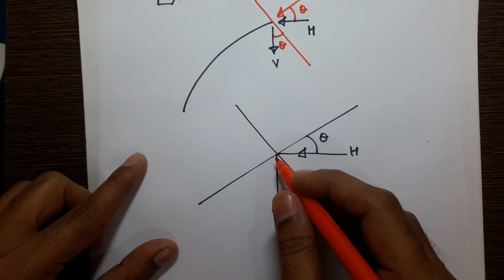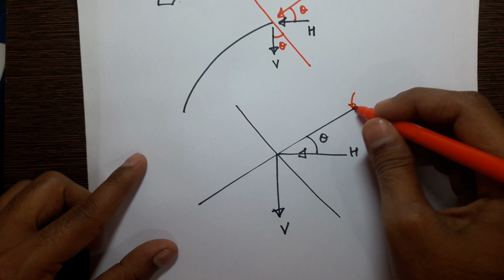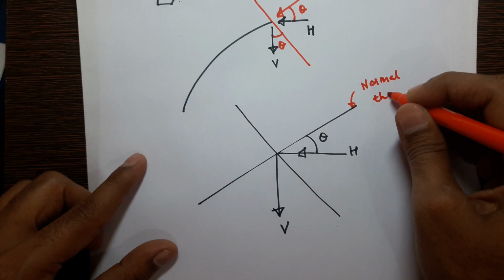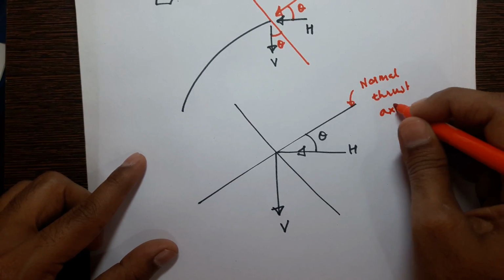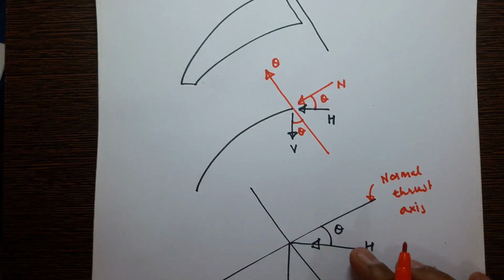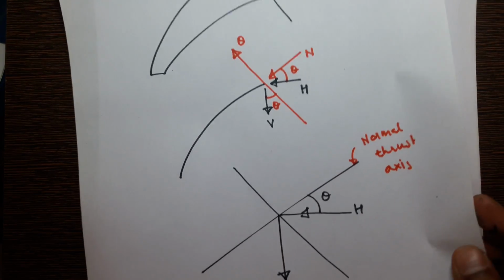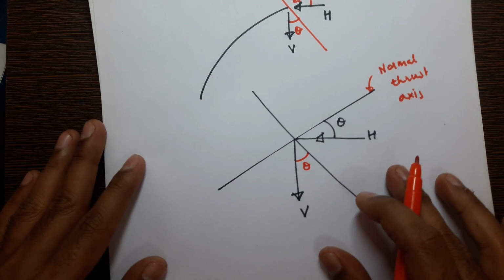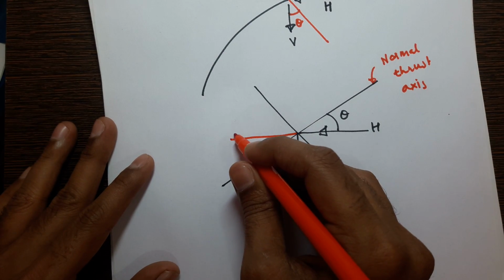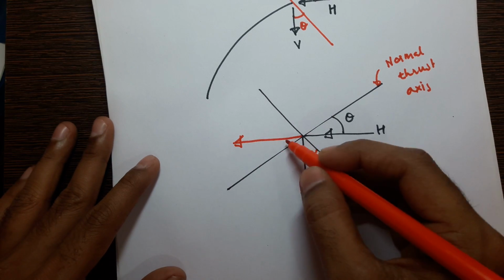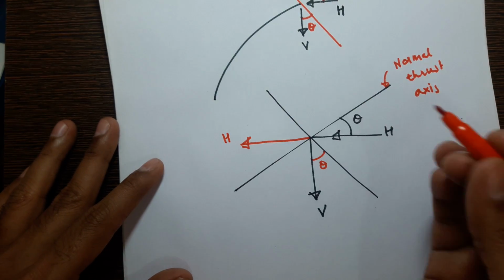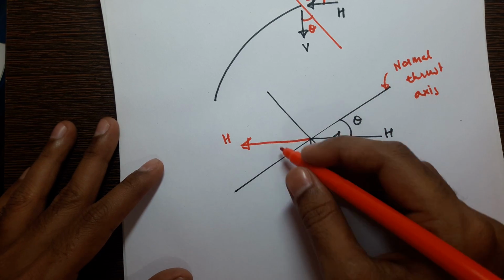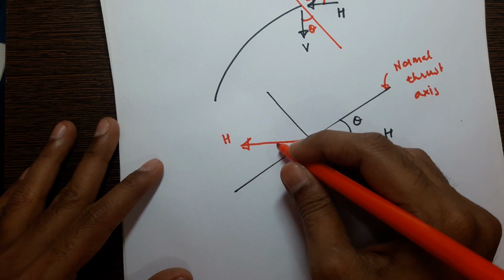So this is the normal thrust axis. Axis means the line of action. So I am defining it as the normal thrust axis. If I just elongate H and draw like this, H is having theta from the normal thrust axis, so this is also the normal thrust axis, theta.